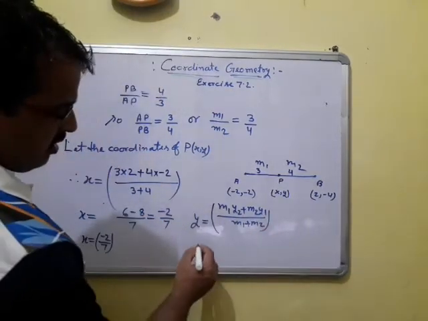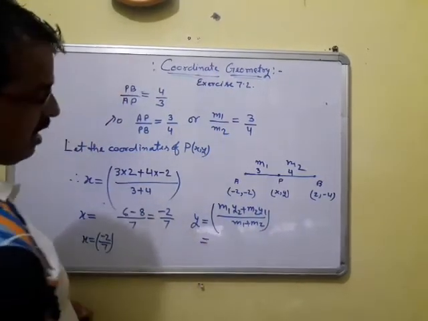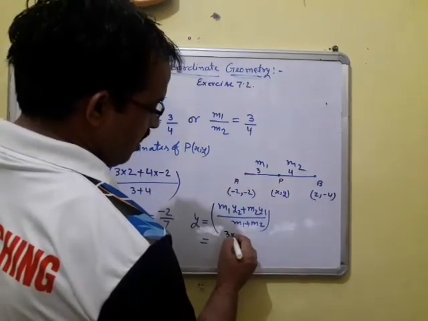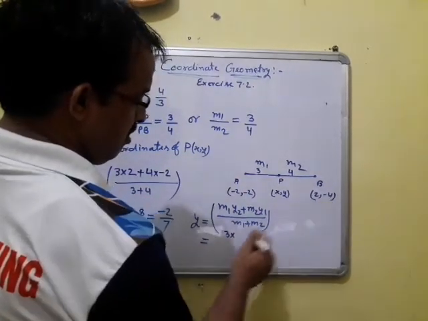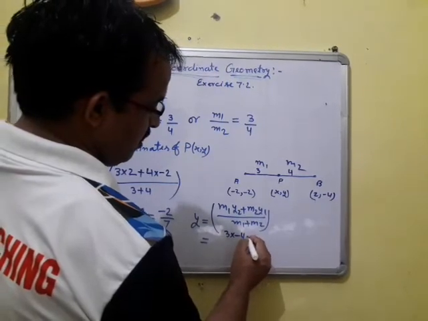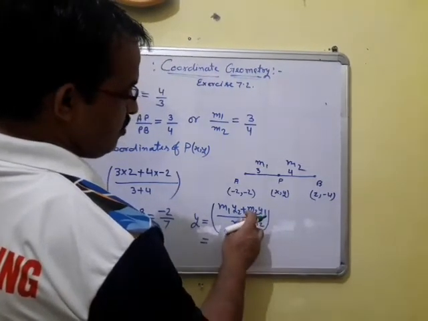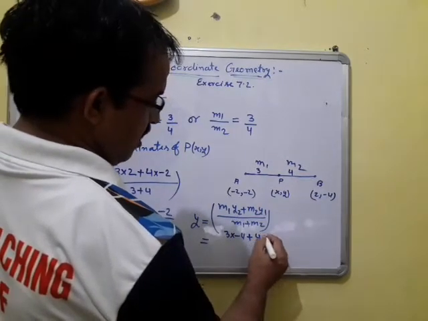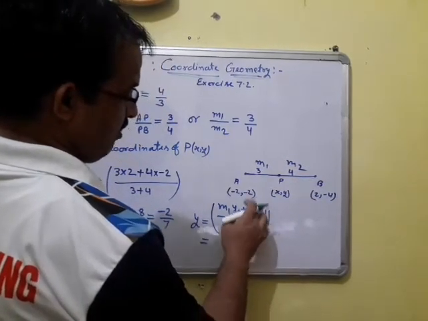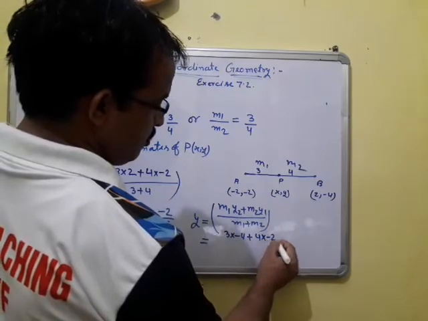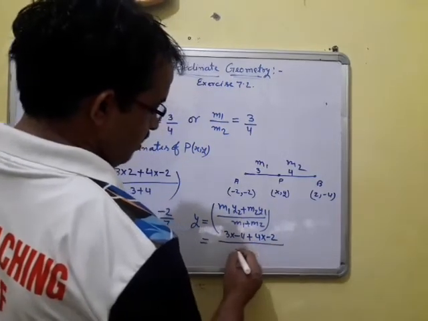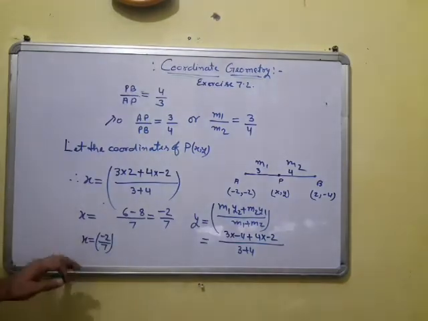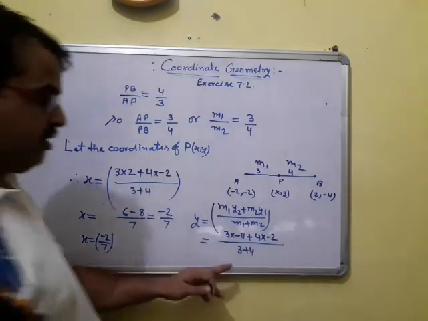So here you can write M1 is 3 and y2 is -4, plus M2 is 4 and y1 is -2, upon 3 plus 4, that is M1 plus M2.